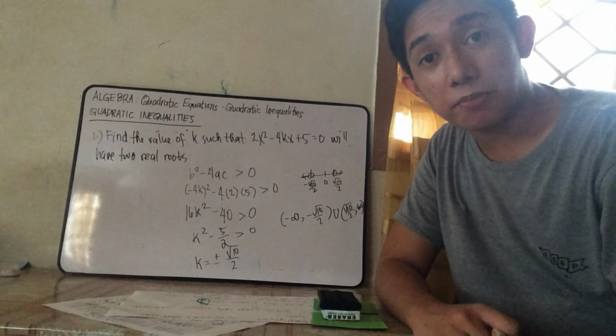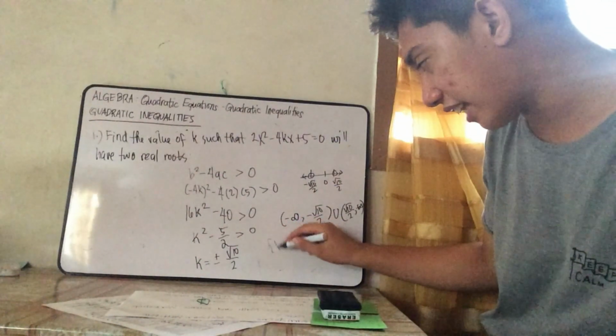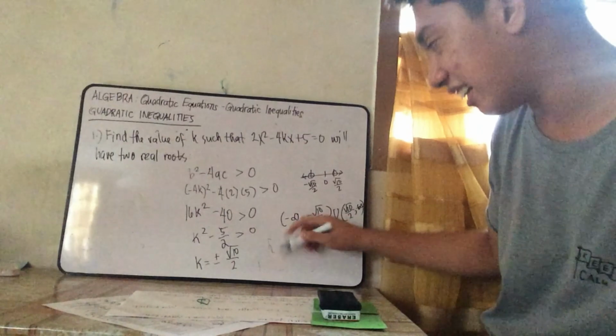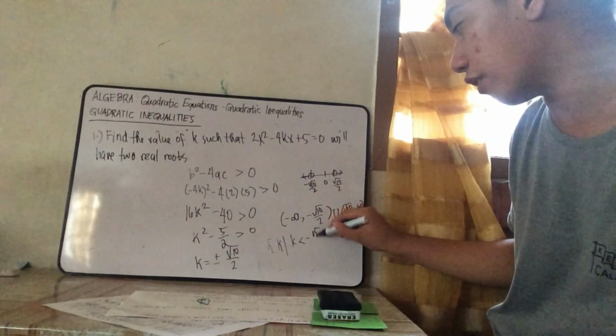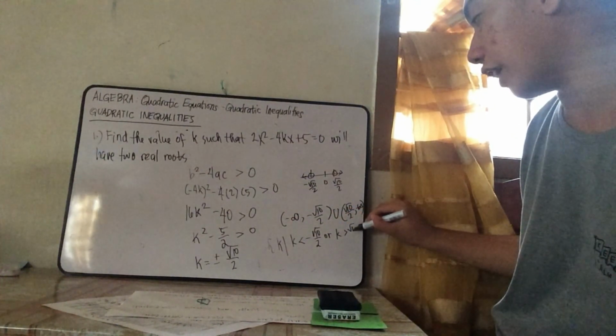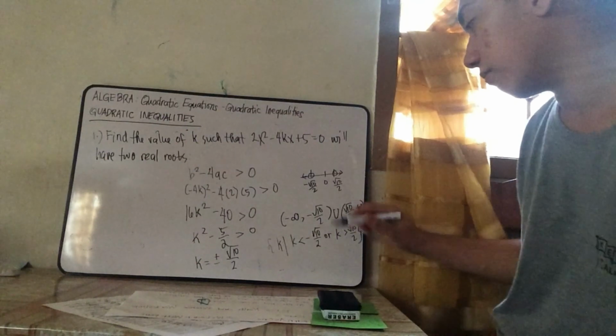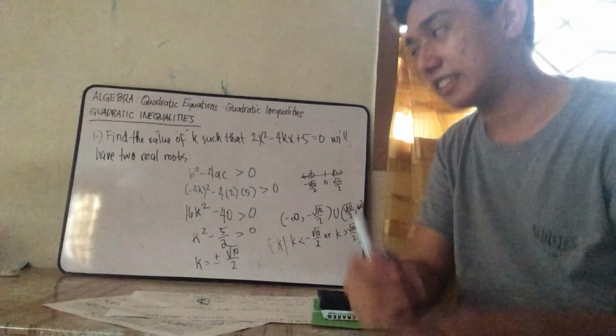So, ganun lang po. Okay? O kung gusto niyo talaga set k such that k is less than negative square root of 10 over 2 or k is greater than square root of 10 over 2. Okay? So, ganun lang po, guys.